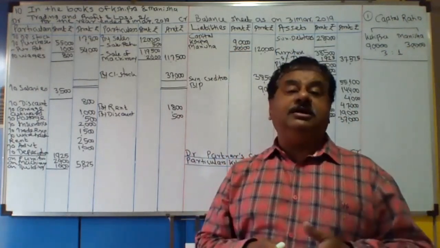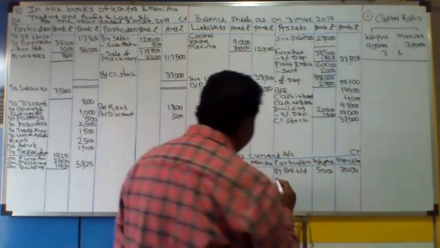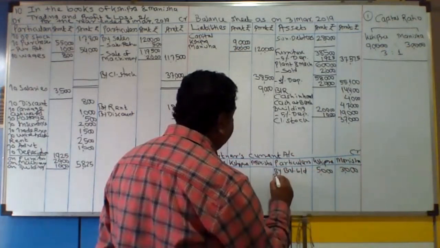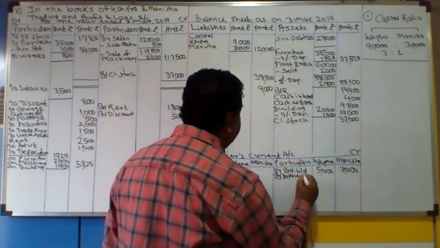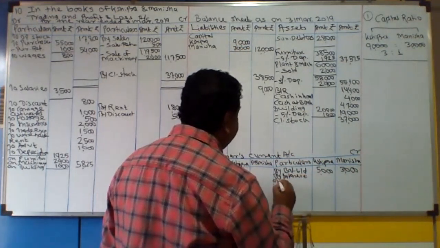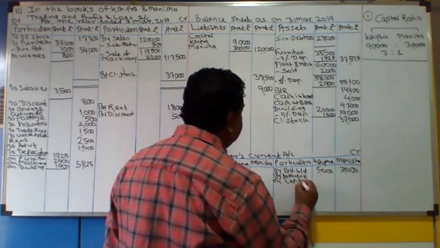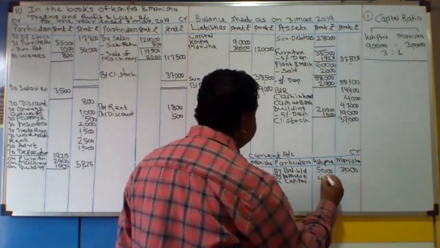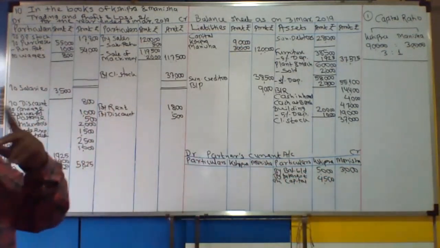Effect of the interest on capital, very important. Here, because this is a fixed capital method, it is to be recorded to current account credit side by interest on capital. Current account credit side. Shipra 4,500.